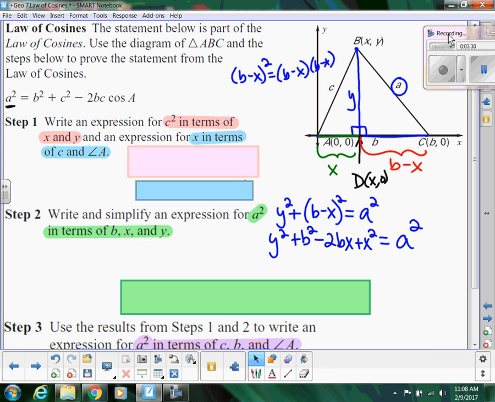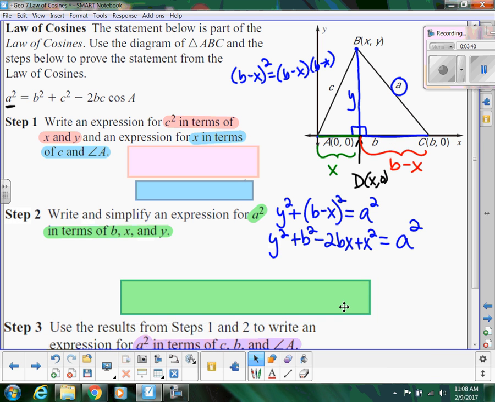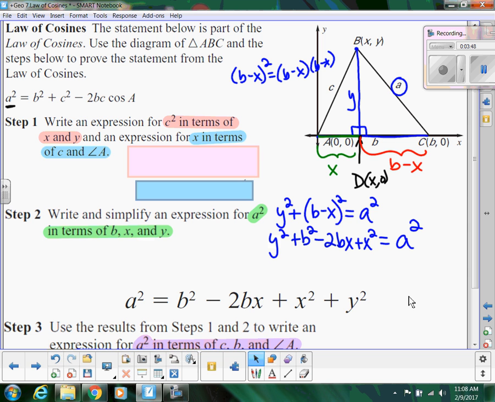If I rearrange that a little bit, I get this expression. All I did was put a squared on the left, just to make it look more like what we were dealing with up there. Then I put my b squared minus 2bx, and then I put the x squared and the y squared together. So I just rearranged it a little bit.